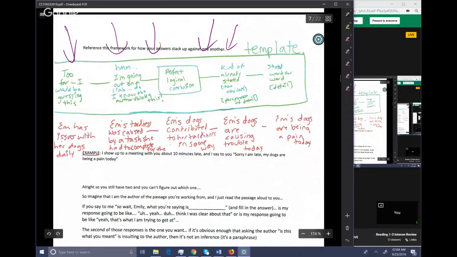So when you look at what I have in green, you can see where a perfect logical conclusion lies. It lies between the 2 ends of the spectrum. One end of the spectrum being way too far of an inference, like, you know, you walk past a kid and you don't say hi to them.